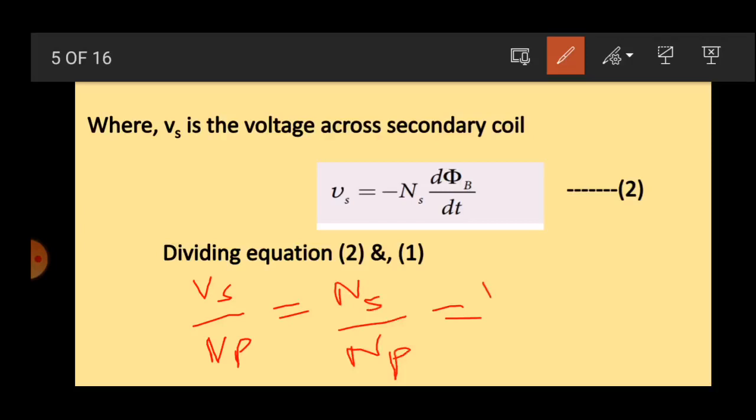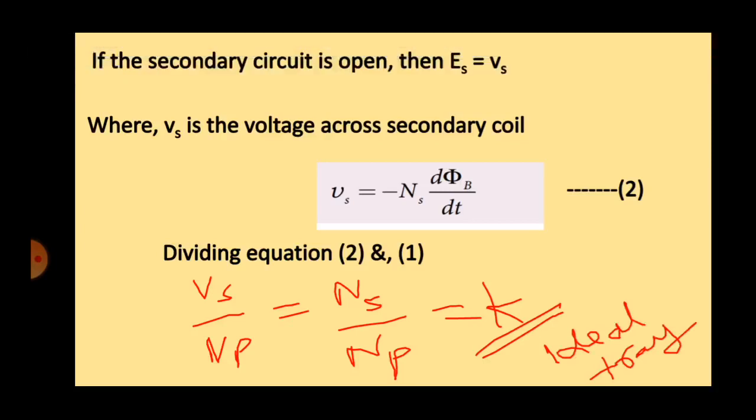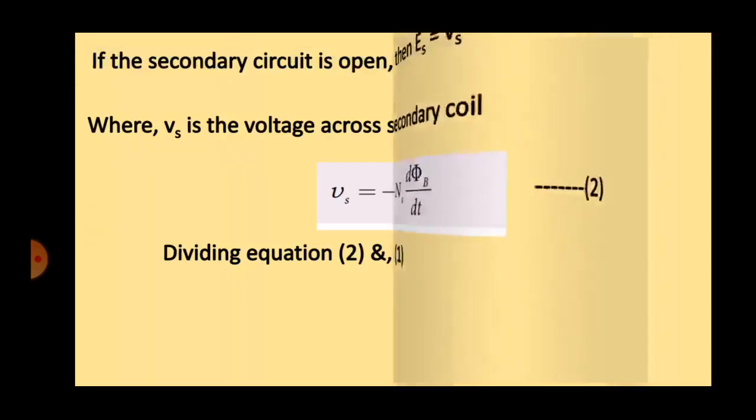Therefore, this is nothing but K, the constant of proportionality. So we call it an ideal transformer. Now the input power is equal to the output power.